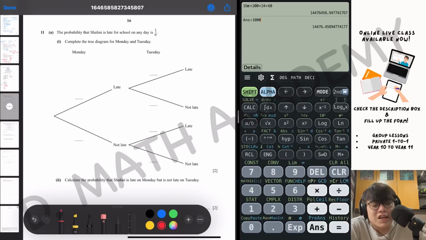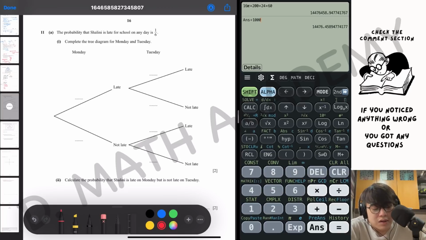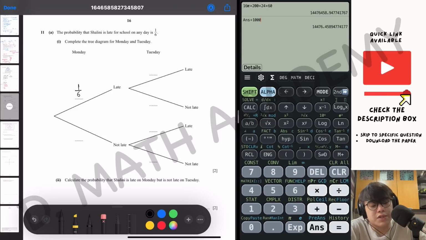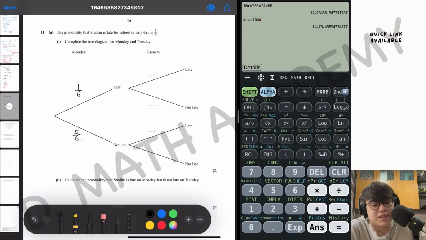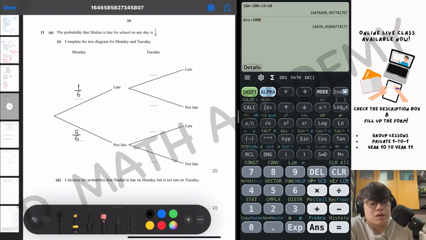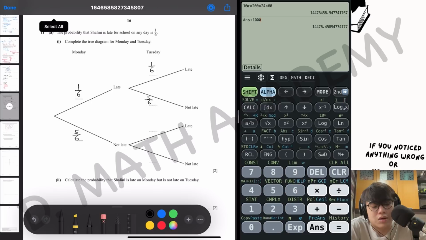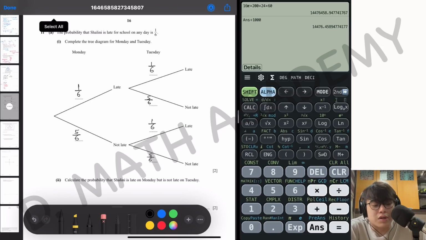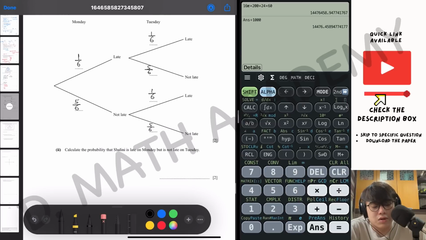Moving on to question 11a. Okay, then they ask us to fill out this probability graph here. Late is 1 over 6, which means not late is 5 over 6. Okay, following the same rules. Let's pay attention to the question now.